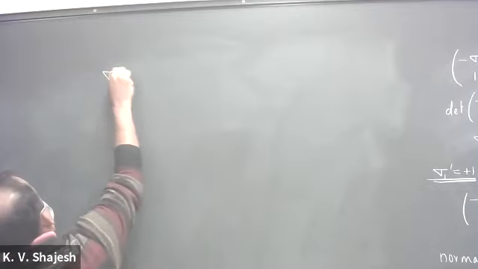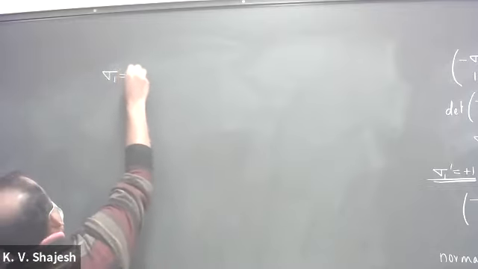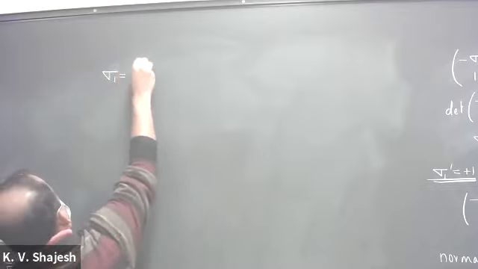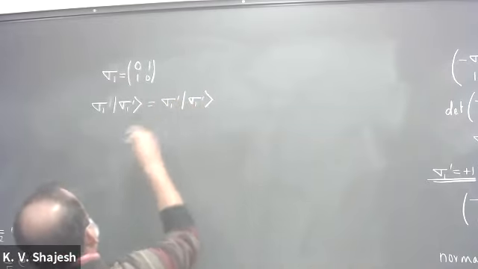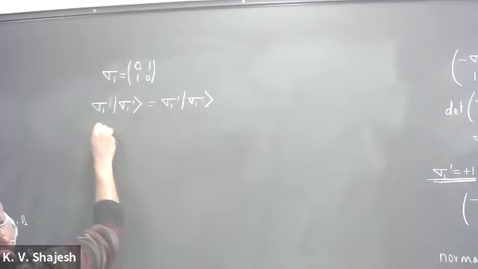So what we have done is sigma 1 is equal to 0, 1, 1, 0. And we have tried to solve for sigma 1 multiplied by its eigenvector equal to sigma 1 prime times the eigenvector. We have found the solution as sigma 1 prime is equal to plus or minus 1.